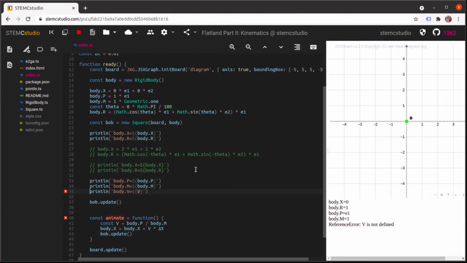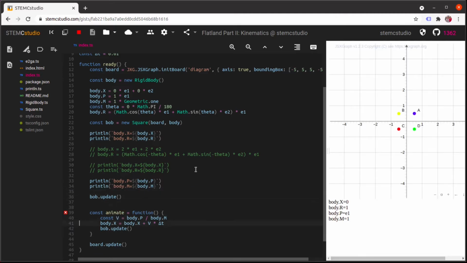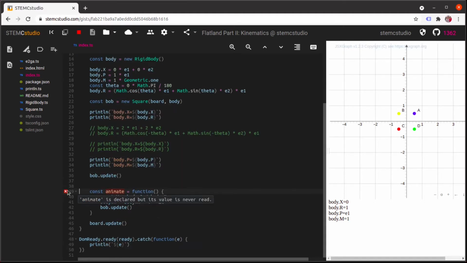And we could print out the velocity. I'm not sure if this is going to be a good idea, but no, that's fine. The velocity is not going to change. I'm not even going to print it out. Okay, so here's the animate function. It's declared, but it's never read.